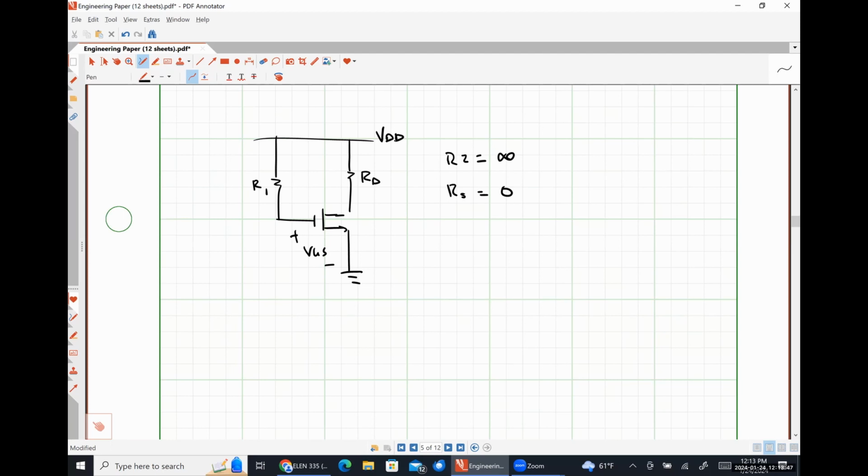Because VGS is VDD, VDS will always be less than our gate source voltage, because VDS is taking into account that there's a voltage drop across this resistor RD. So we're likely always going to be in the triode region of operation with that particular configuration.